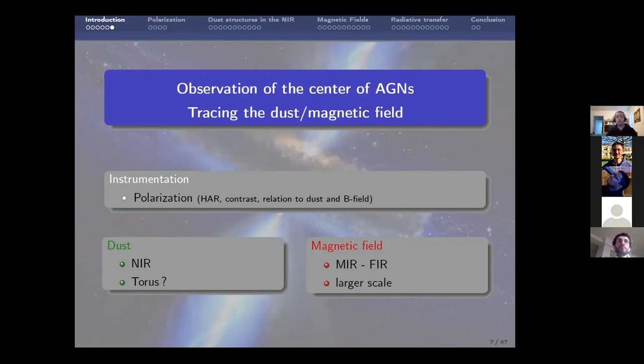And the more recent work I've been doing in SOFIA on the magnetic field, so more in the mid and far infrared range at slightly larger scale, but still on the same very close object to have the highest angular resolution possible. And I'm also going to talk a little bit about the polarization itself to make it understood, because that's actually the basis of my work. And I'm going to discuss a little bit at the end the radiative transfer code I've been using for the interpretation of the results too.